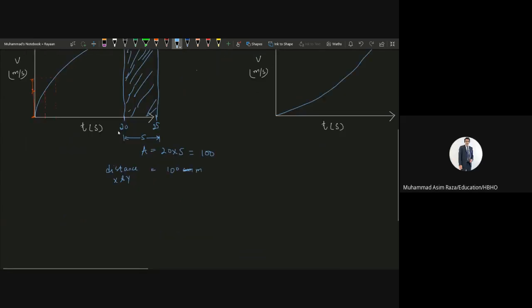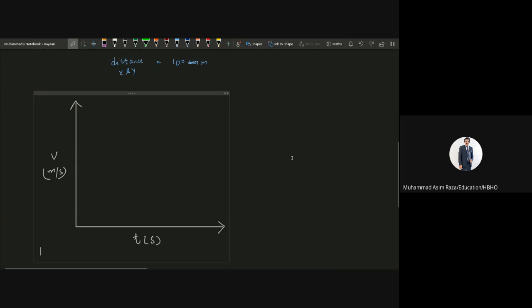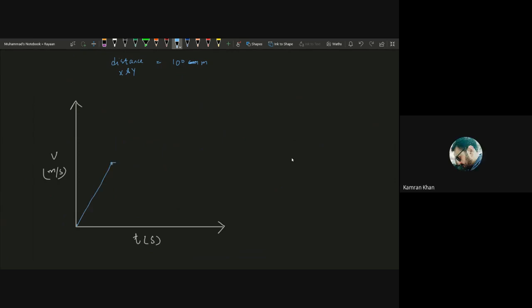Similarly, for different types of graphs, there can be different shapes as well. For example, I'm going to have another graph over here. We can say that graph is like this one. And then it comes like this.